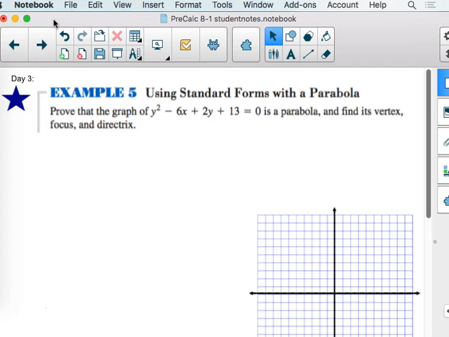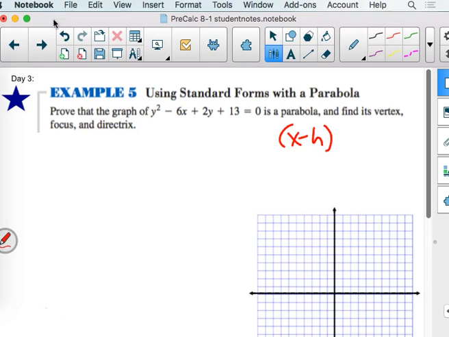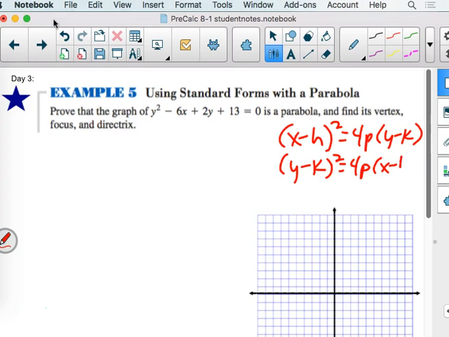its vertex, focus, and directrix. Well, if I could get it to look like this, or this, that would prove that it's a parabola, and I could get the graph.